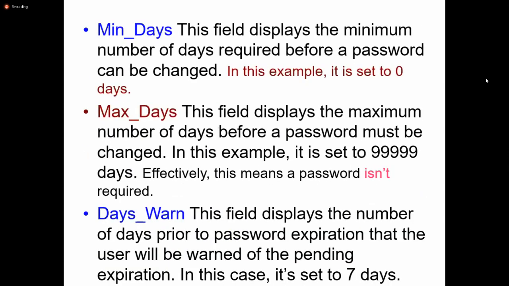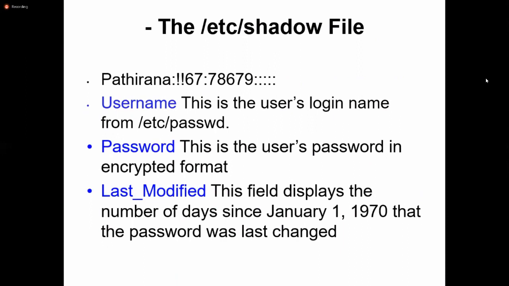Maybe if you configure the account with these values, then only maybe it will be there. But currently, I don't have that on my account. So anyway, in the shadow file, these fields are there. It might be different in Linux versions.